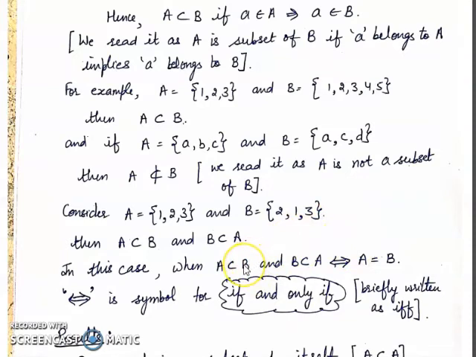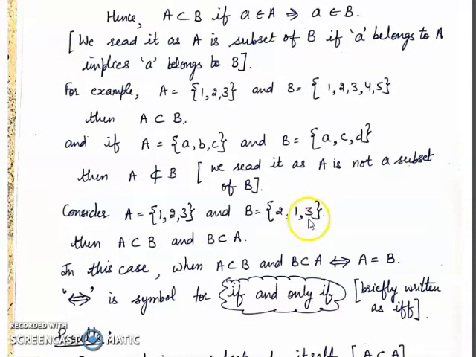Means if A is a subset of B and B is a subset of A, then it implies A is equal to B. And if A is equal to B is given to us, then it implies A is a subset of B and B is a subset of A. It is true vice versa, or you can say conversely, it is also true.